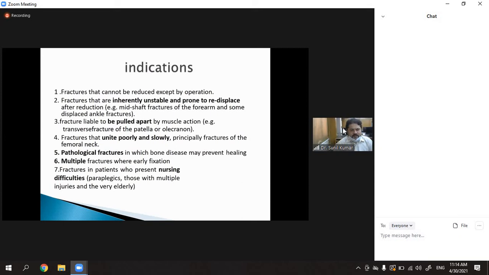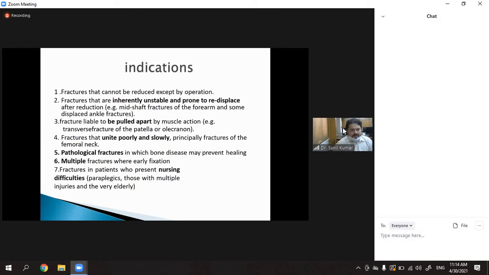Pathological fracture in which bone disease may prevent healing will go for internal fixation. Multiple fractures, polytrauma patient. We cannot go for conservative management, because we have to achieve early function, early recovery of the patient. So early fixation is needed in these cases.